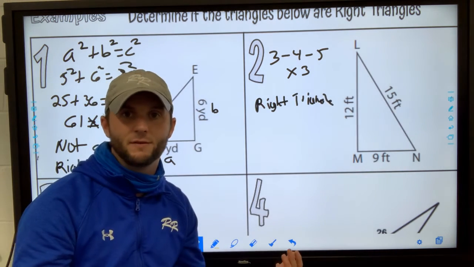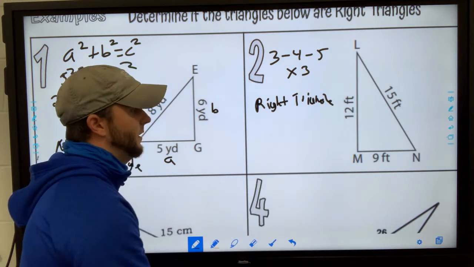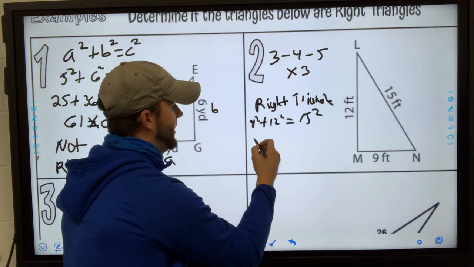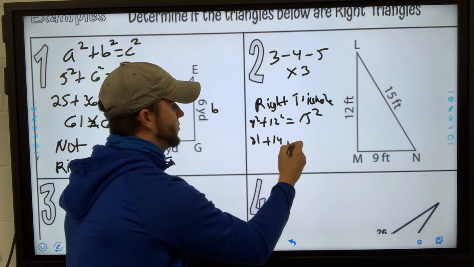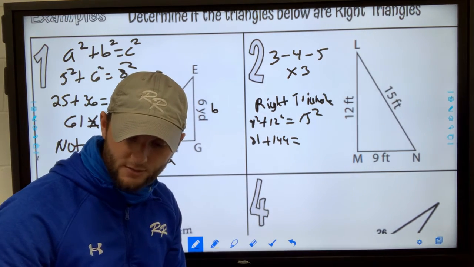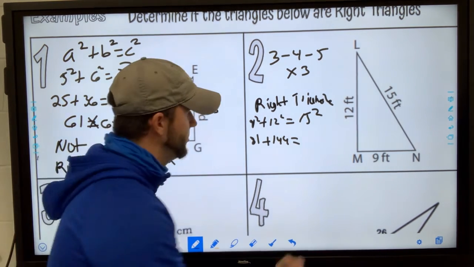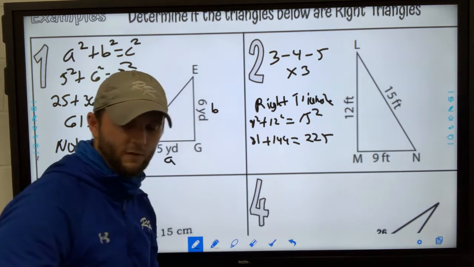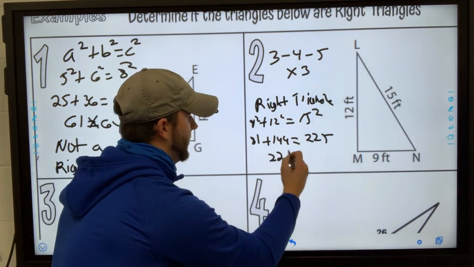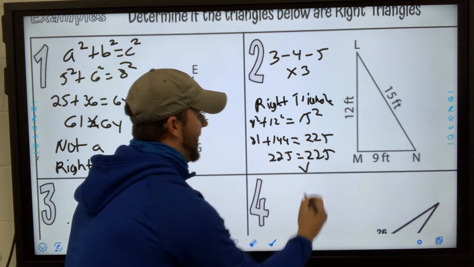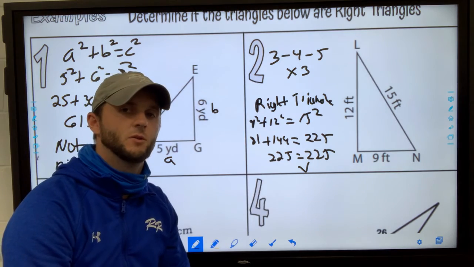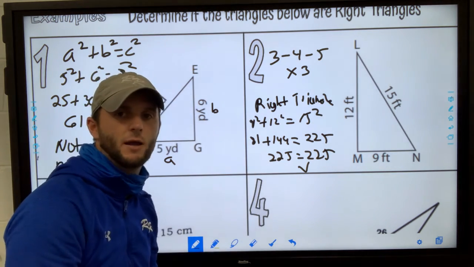And I could even do the math to show you. 9 squared plus 12 squared equals 15 squared. 9 squared is 81. 12 squared is 144. 15 times 15 is 225. And 144 plus 81 is indeed 225. So it works out. But the Pythagorean triple route works a lot quicker than doing the Pythagorean theorem. So that makes this a right triangle, okay?